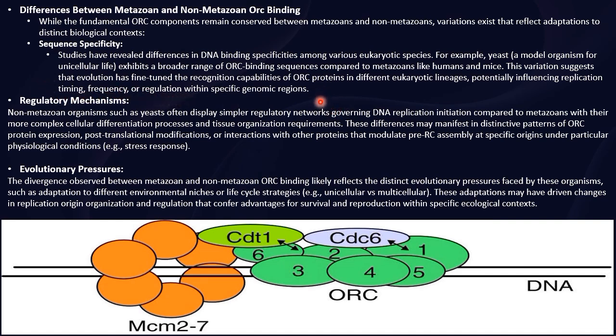The second difference is regulatory mechanisms. Non-metazoan organisms such as yeast often display simpler regulatory networks governing DNA replication initiation compared to metazoans, with their more complex cellular differentiation process and tissue organization requirements.